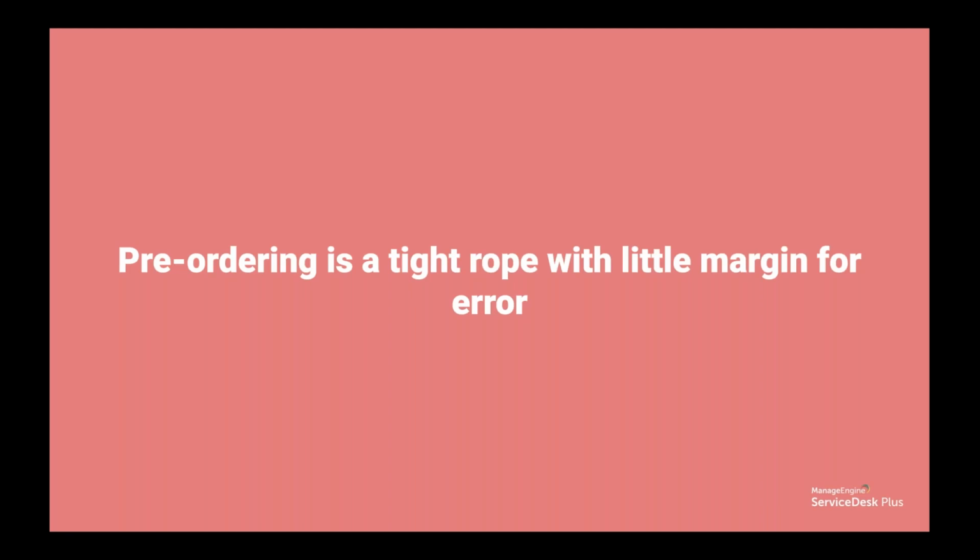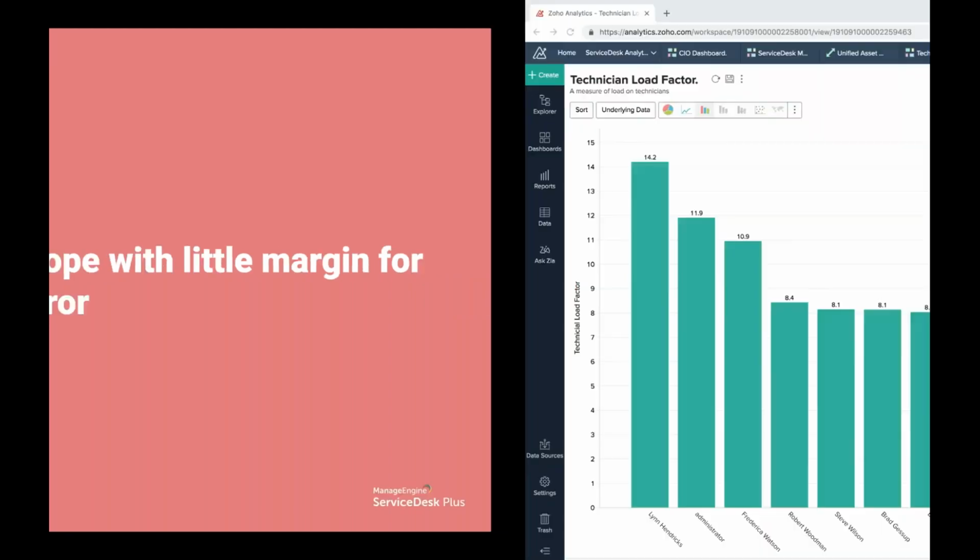It's like a tightrope that you have to walk with little margin for error, because pre-order too much and you end up with too many workstations in stock for too long, which is a lot of money wasted. Order too few and you end up in a situation where there are insufficient workstations to meet the demand. The only way to avoid both situations is to track usage and anticipate demand.